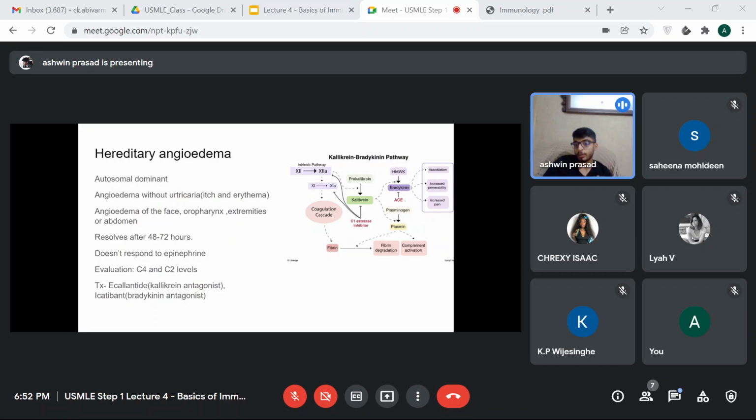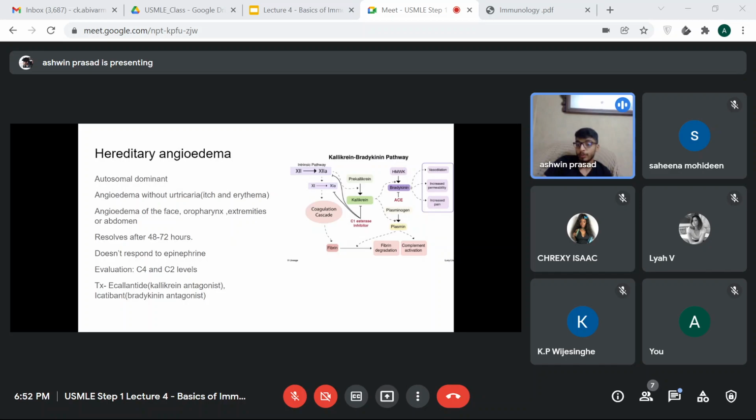Bradykinin, just like histamine, causes vasodilation, causes increased permeability, and was also important in the sensation of pain, along with prostaglandin E2. So, not only does C1 esterase prevent the formation of the active form of C1 and of the active coagulation cascade factors, but it also prevents kallikrein, which is important for the formation of bradykinin.